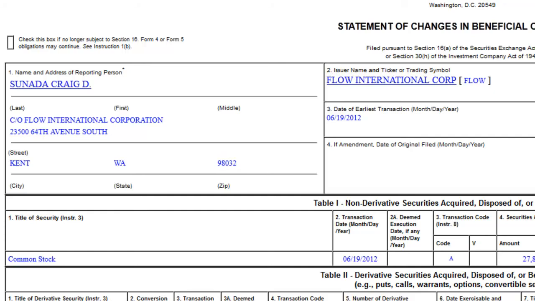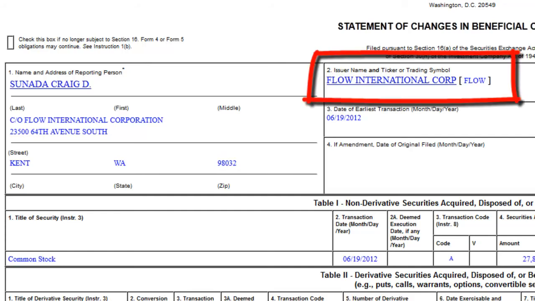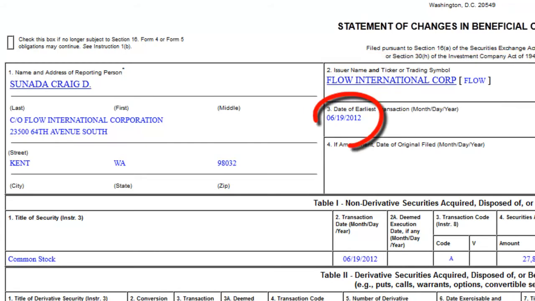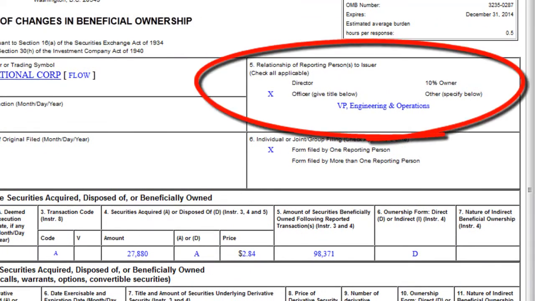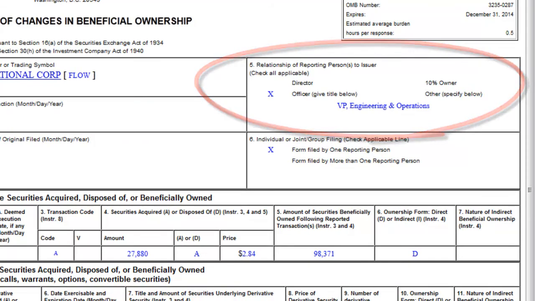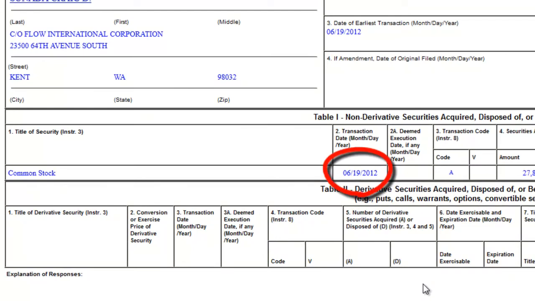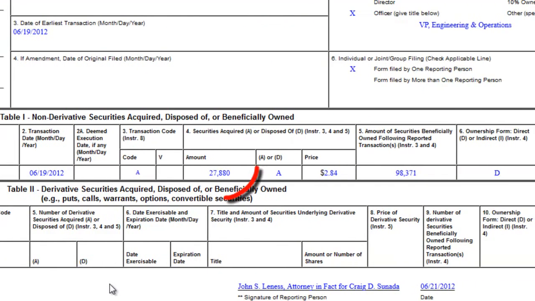And here we have the issuer, which is Flow International Corporation, and this is the date that the transaction took place. In this case, the person filing is an officer, not a director like we previously saw. And as mentioned, the transaction took place on July 19th, 2012 for 27,880 shares.